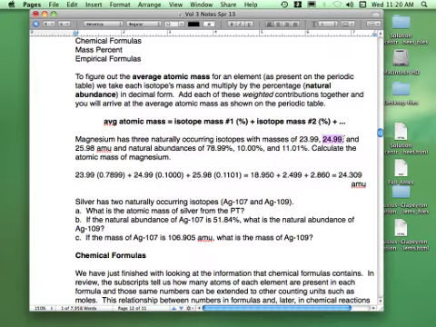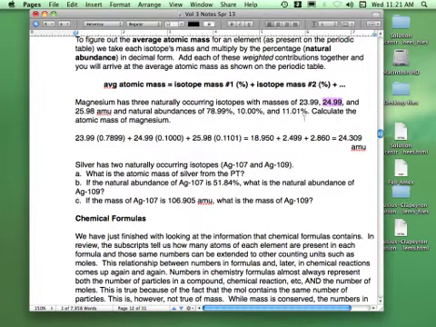Now, when we did isotopes, we talked about mass numbers. And now you're going to see masses for isotopes that are not whole numbers like a mass number. And there's a reason why. It has to do with Einstein's famous E equals mc squared equation. We actually lose a little bit of the mass, so the mass number for this isotope is actually 24, and this one is 25, and so on.